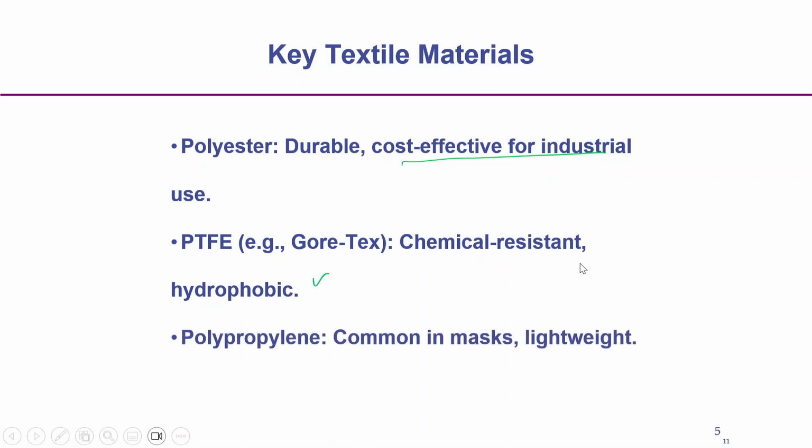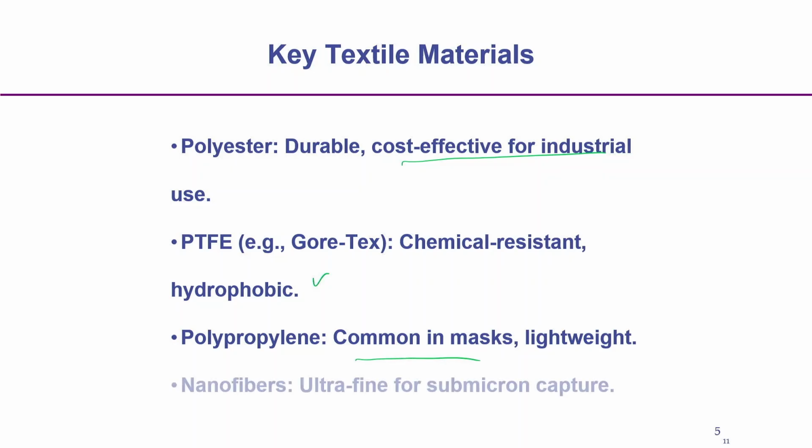Polypropylene is very widely used for being lightweight and is commonly used for face masks. And nanofibers are used for very fine, ultrafine submicron particle capture due to their high surface area.